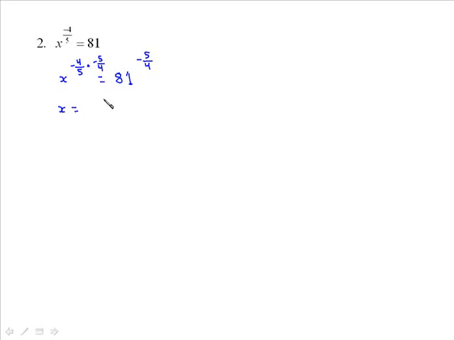Now 81 to the negative 5/4, again you could just push it through. But I will write this as 1 over 81 to the 5/4. And then x is equal to 1 over the 4th root of 81 raised to the exponent of 5.